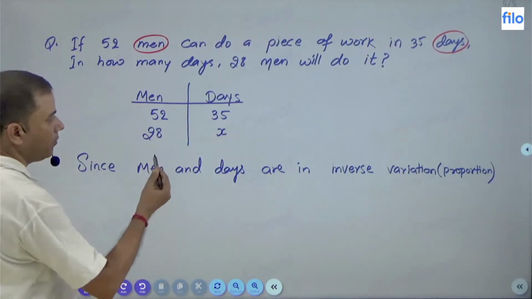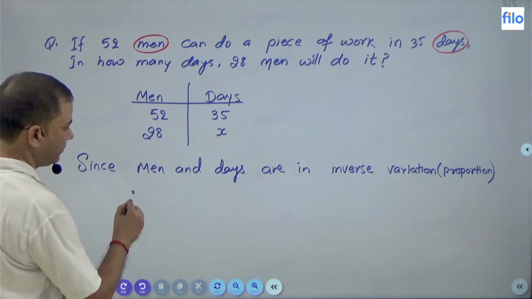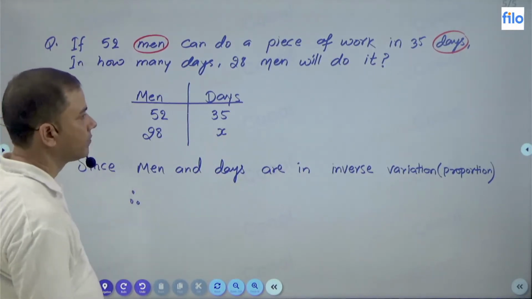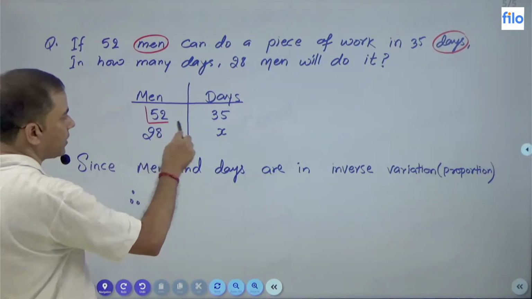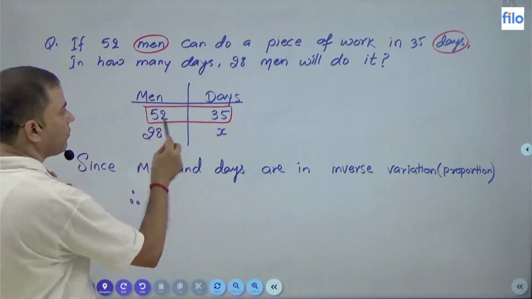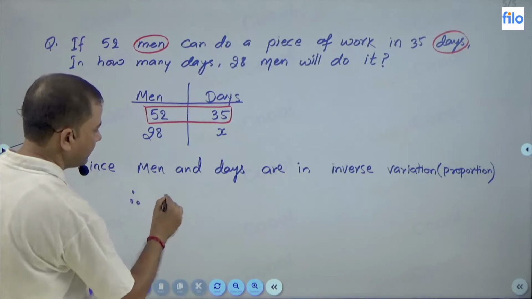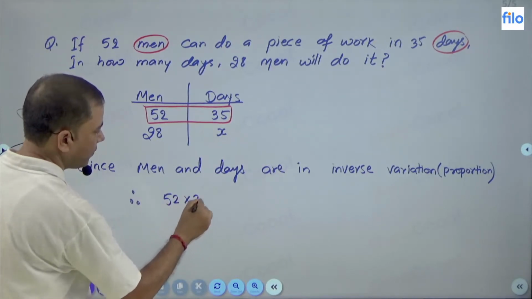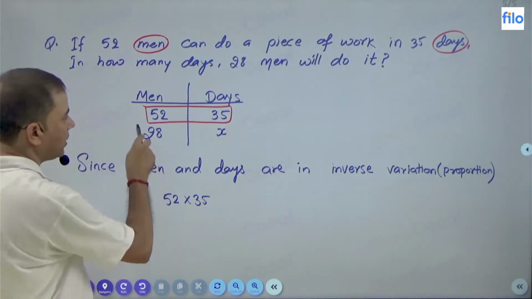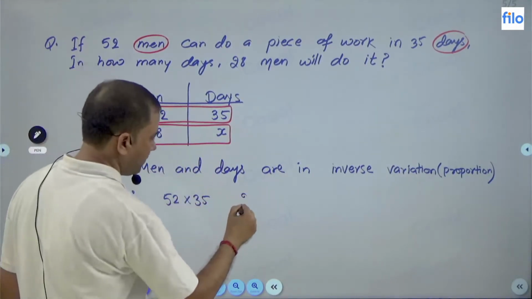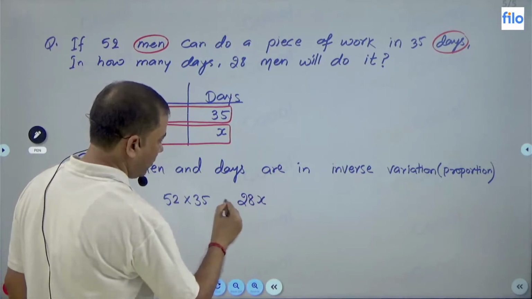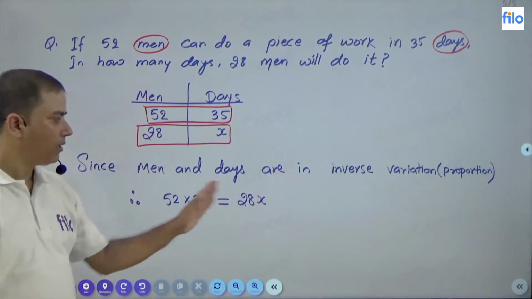So these are inverse variation. What will be equal? Product or ratio? Okay. So the values in the first line, 52 into 35, and the values in the second line, 28 into x, will be equal. Product will be equal.